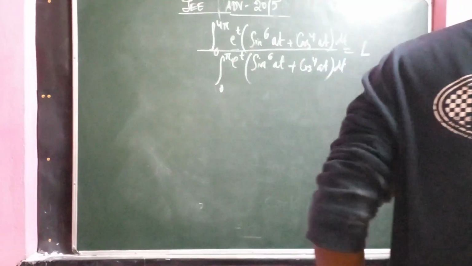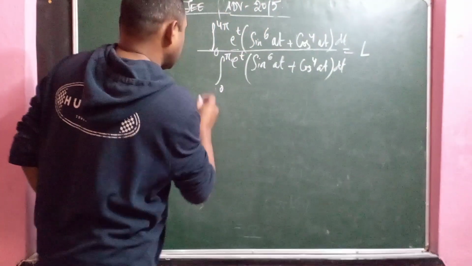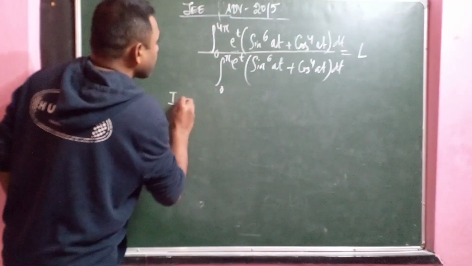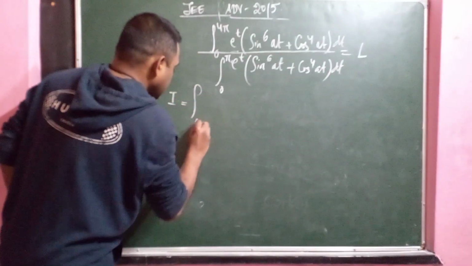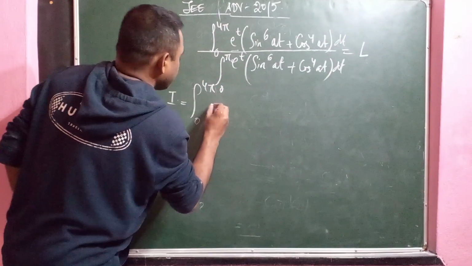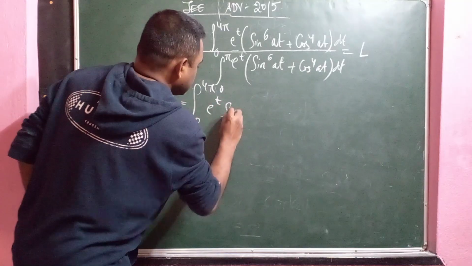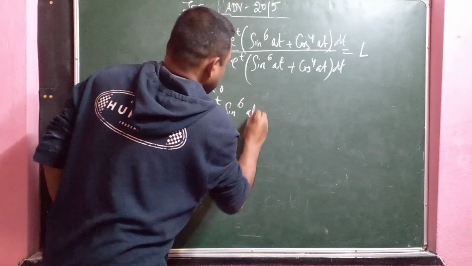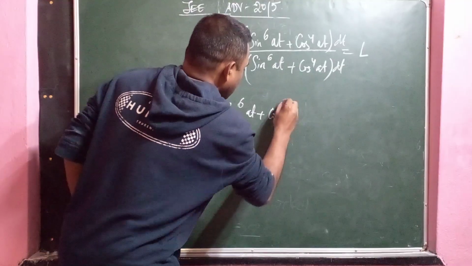Okay, now let's start with this one. Suppose this is I equal to integration 0 to 4 pi e to the power t (sin 6θ plus cos 4θ).